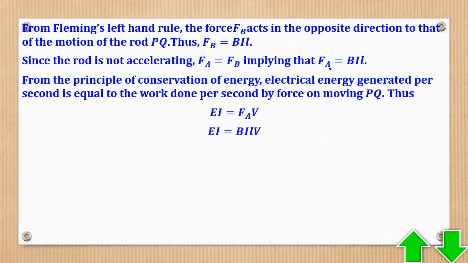So when I substitute for FA, I get BILV. Then the good thing, I is common, so I can cancel it to get E = BLV. So this is the expression for EMF induced in a moving conductor, BLV, where v is the velocity with which the conductor is moving.